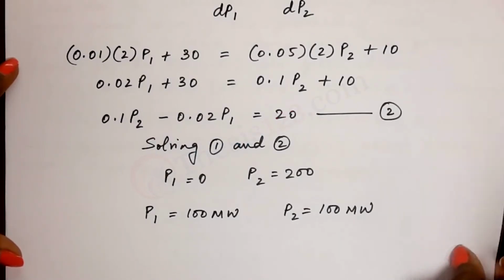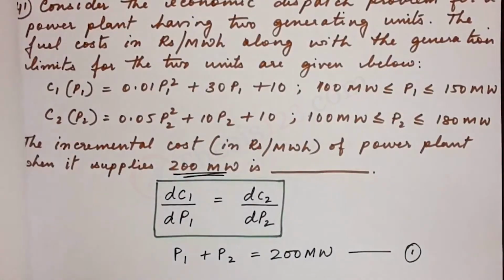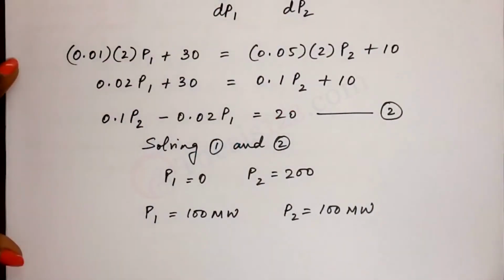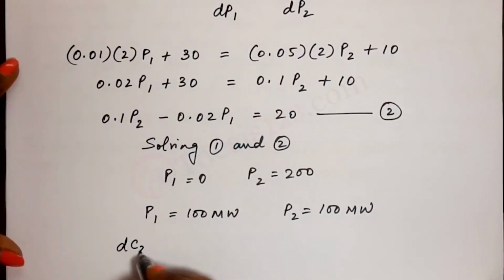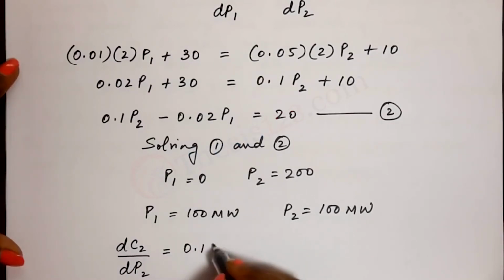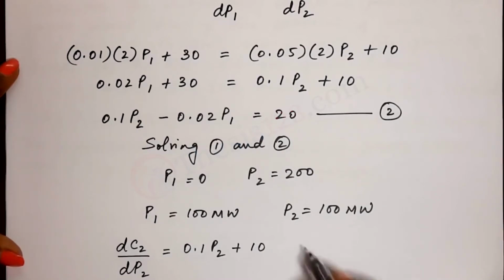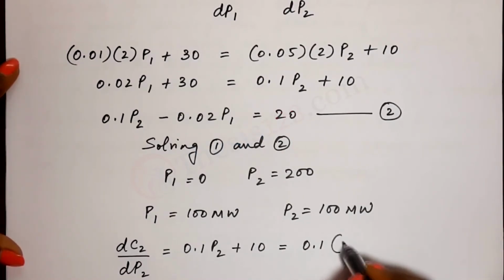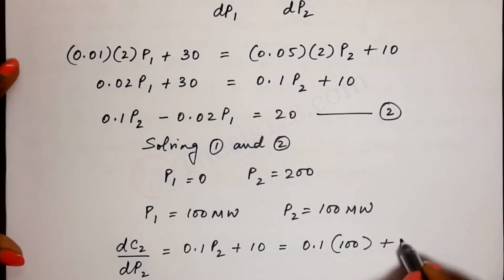Now the question says to find out the incremental cost of the power plant when it supplies 200 megawatts. So what we do is to find dC2 by dP2. We know that it is 0.1 P2 plus 10, the second part of the power plant. So this equals 0.1 into 100 plus 10.